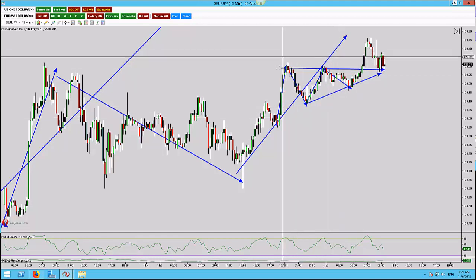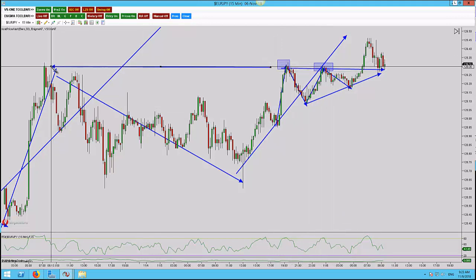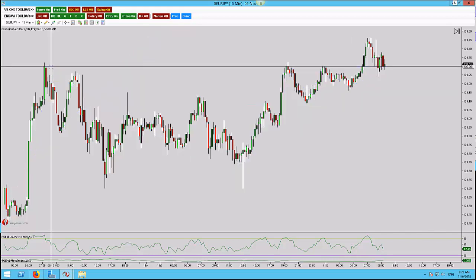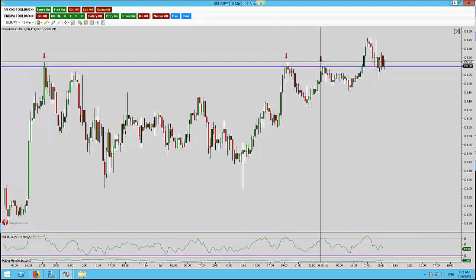I didn't do that because these areas here were too close to the high here, and it could have been a double top, though I didn't think it was going to be. However, let me delete all this off, make it a bit clearer. If I do put this structure level on here, you can see this has been tested, tested, tested.